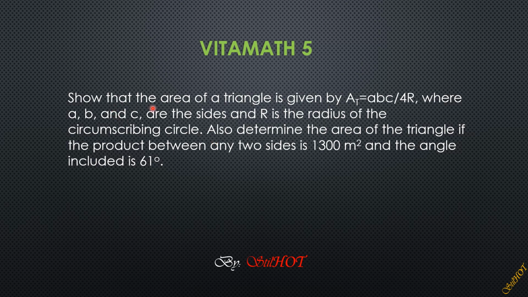I'm going to show that the area of a triangle is given by ABC over 4R, where A, B, and C are the sides and R is the radius of the circumscribing circle. And after that, we have to determine the area of the triangle if the product between any two sides is 1,300 square meters and the angle included is 61 degrees.